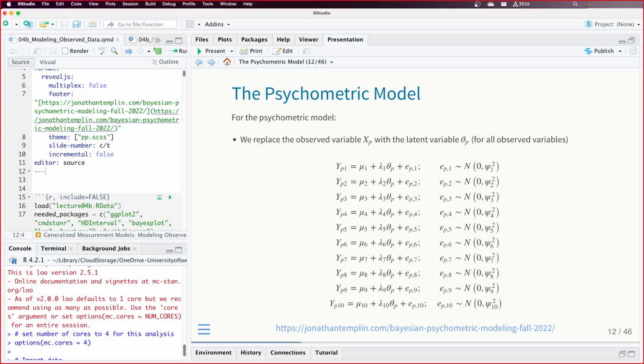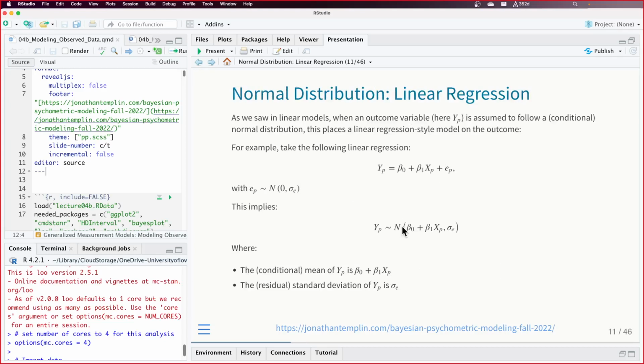Well, that's the mean right there. And because y is continuous, the function is a number 1 times the whole thing, something called the identity link. It means it doesn't do anything to it. 1 times the quantity is just the quantity, right?